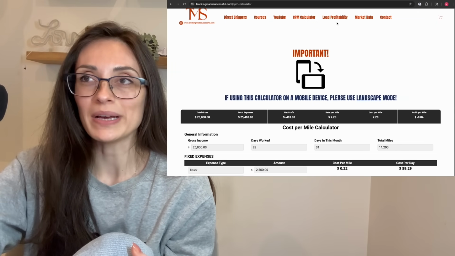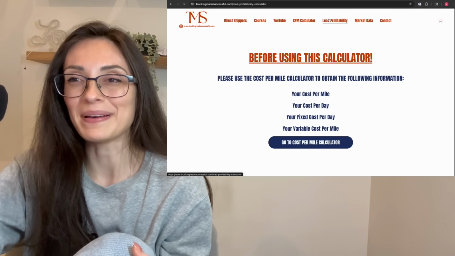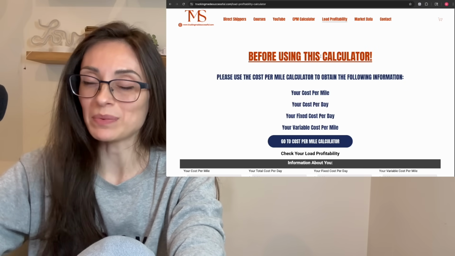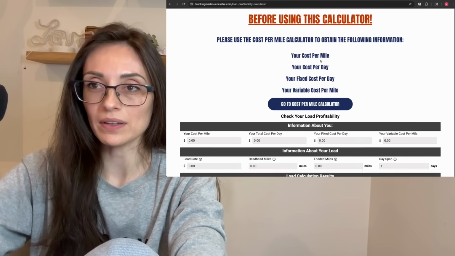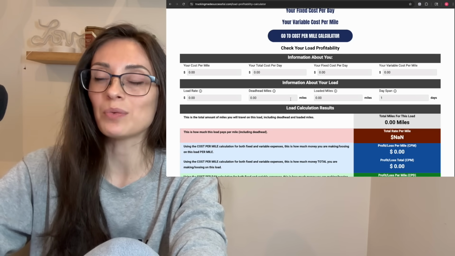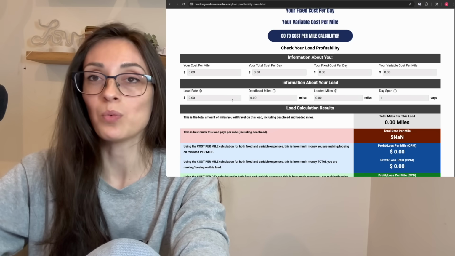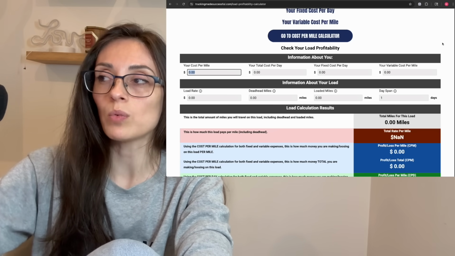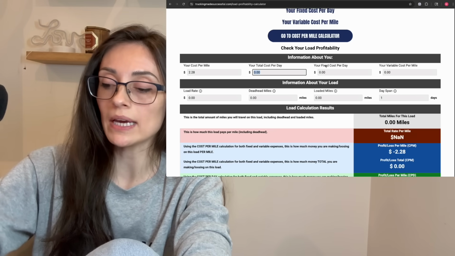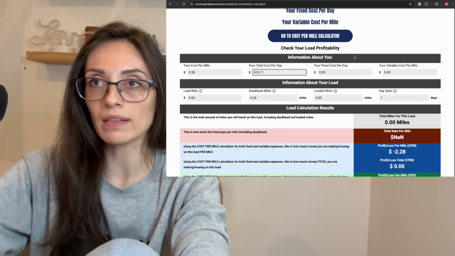And what we do is we click on load profitability right here. All right, let's go ahead and put in some numbers into the load profitability calculator. So from the last screen, I have a screenshot of what the cost per mile and so on was. So the cost per mile was $2.28. The total cost per day was $910.11.